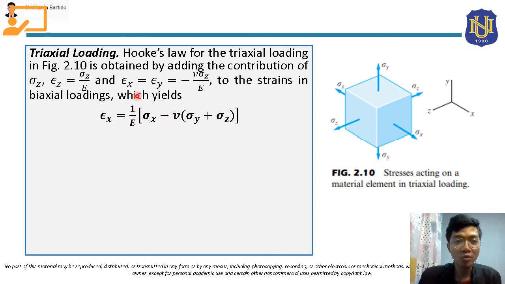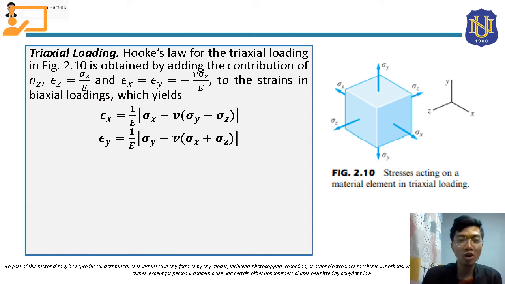Here we are going to add this effect, which is due to sigma z, or the stress in the z direction. This will be negative v sigma z over E. This is negative here. So this will just be added here, negative v sigma z over E.